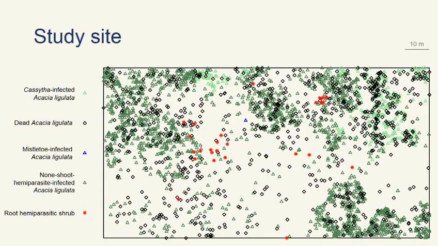So you have the dune wattles, both live and dead, and then where all the root hemiparasites are, the red ones, and where the parasitic vine was found on the dune wattles, the light green. So a lot of points, and this enabled me to do the point pattern analysis of this study site.